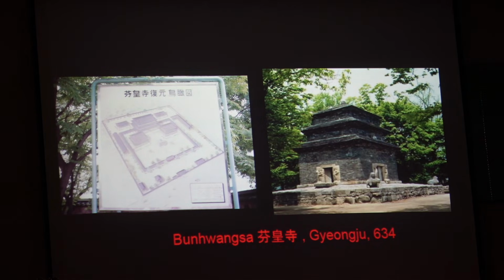It's in Gyeongju. 634. This is the period of the second building of the Hwangryongsa. The monastery behind it had a Buddha hall and twin pagodas, and one of those pagodas, at least at the base, survives. But nothing here was as tall as the pagoda of Hwangryong Monastery.